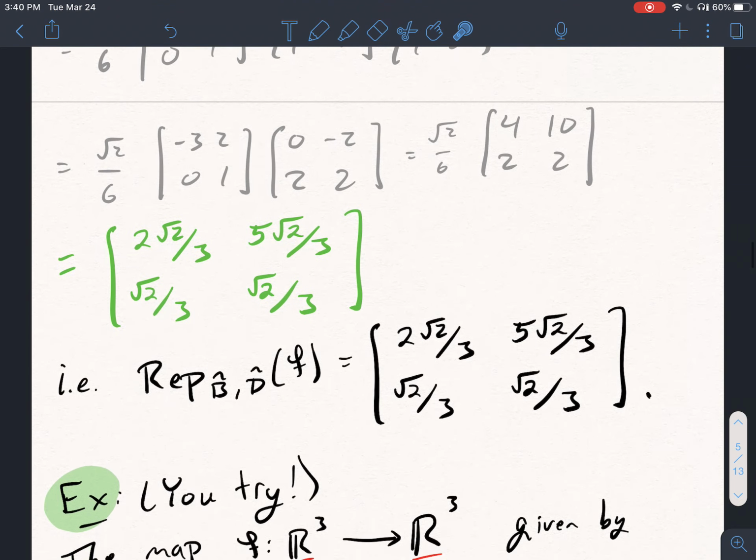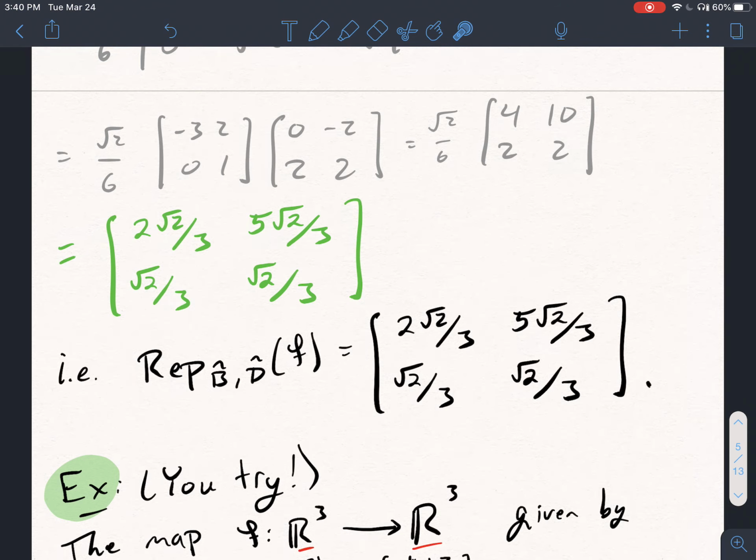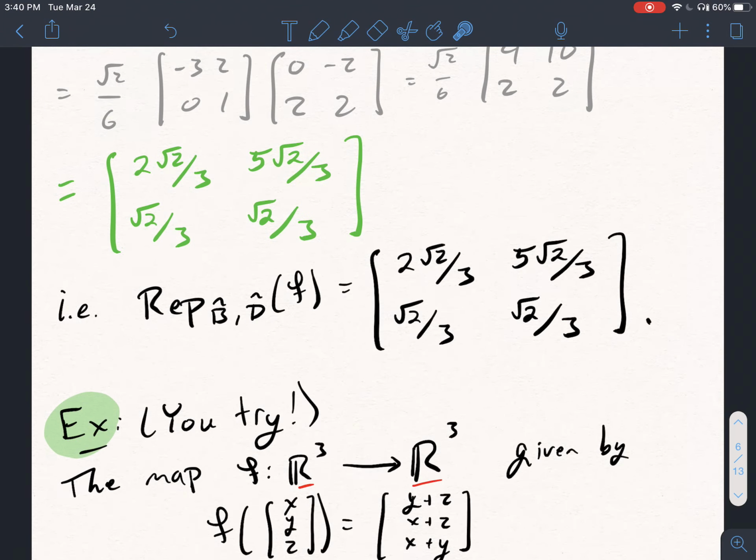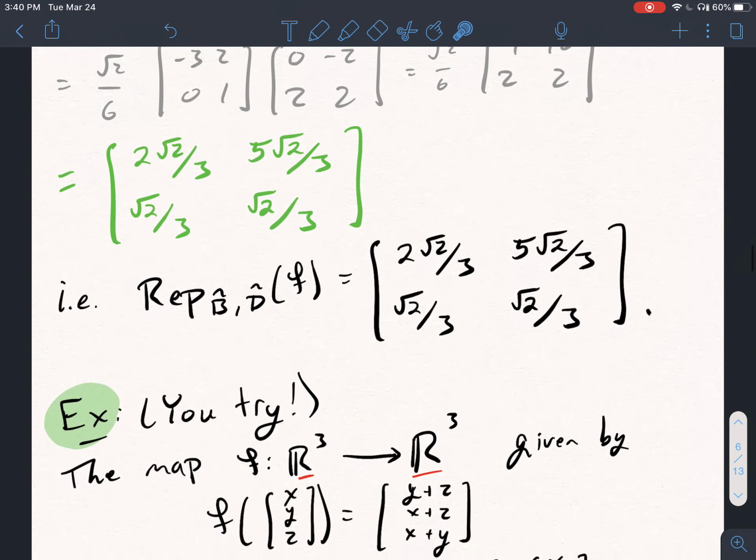Okay, so that was a lot of explanation. I think that the best way to really learn this is to do some examples for yourself. So I want you to try this example here. F from R3 to R3. Again, in this case, the domain and codomain are equal, but they don't always have to be.